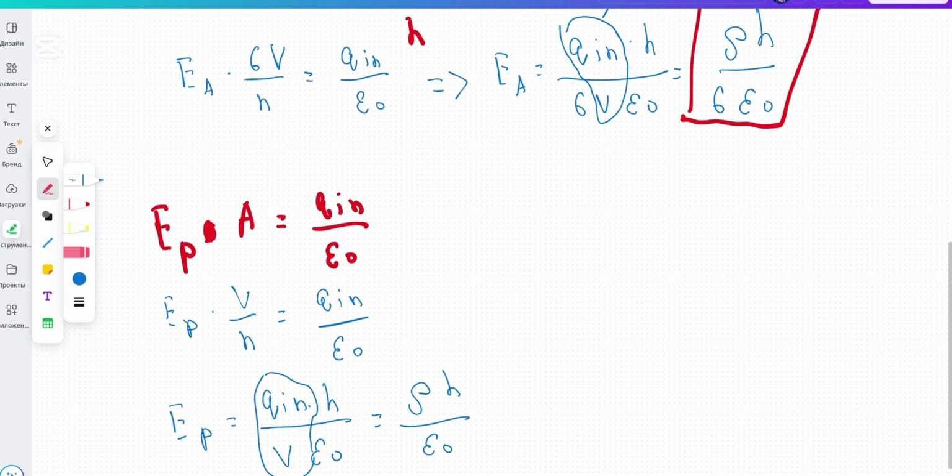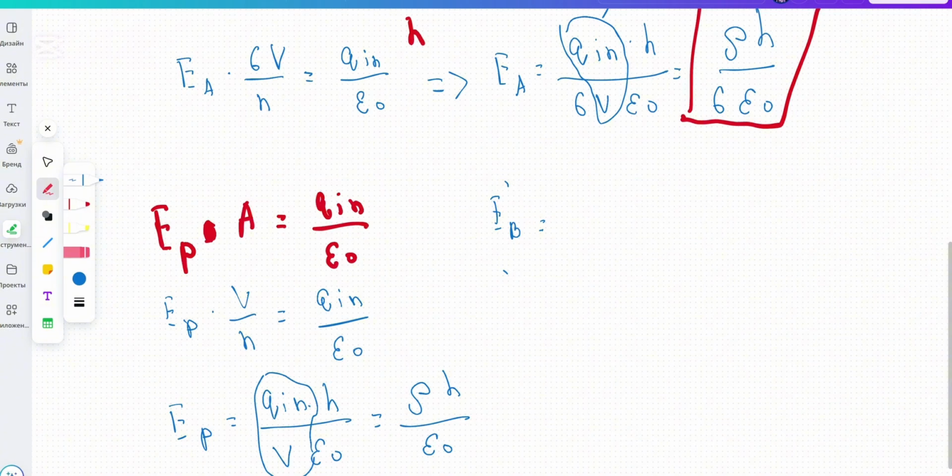But for the electric field at point B, we need to consider the field on one side of the plate, because a uniformly charged plate creates an electric field that is symmetric on both sides.